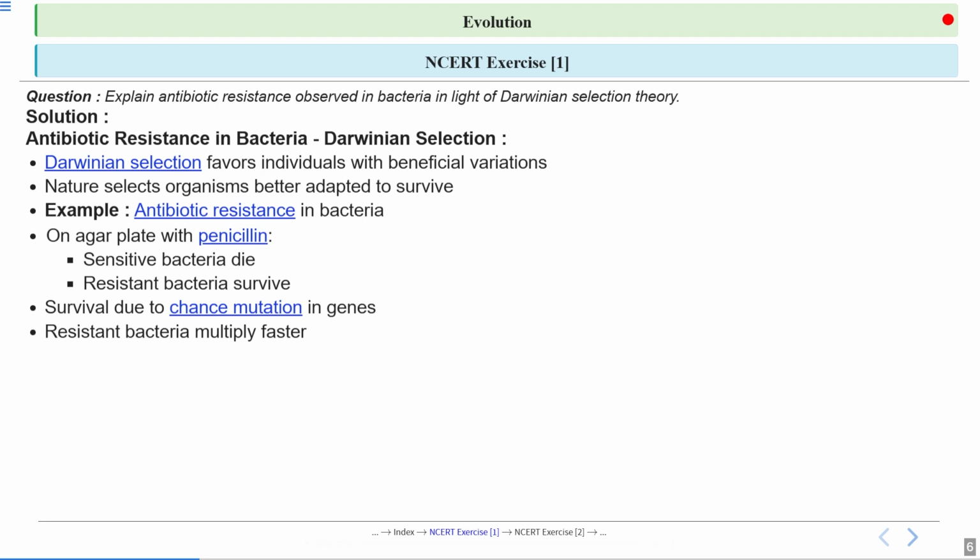This character will be transferred to the next generation; it will be inherited, and the number of these resistant bacteria will also increase. This shows an advantage in the struggle for existence. The resistant bacteria are better equipped to survive and reproduce in an environment with antibiotics.